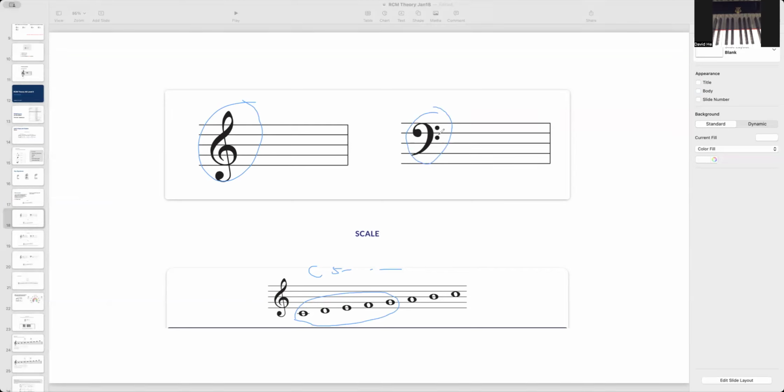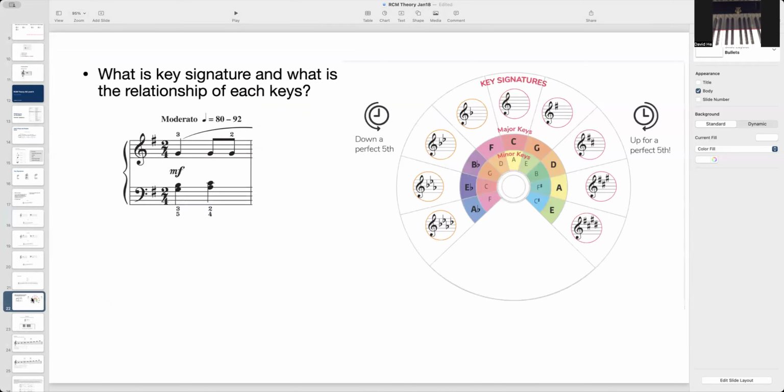This one is F clef, or bass clef. That's everything about keys and scales. That was the second class. Some of you may want to memorize the whole key circle in here, which is going to be very necessary for intermediate and advanced level students.